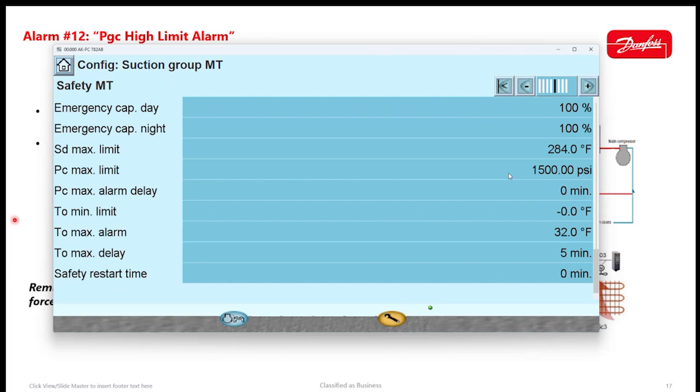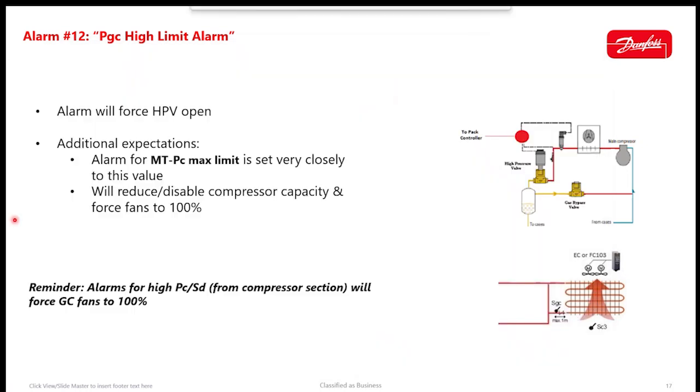Here I have 100 psi difference, but it's not uncommon to see both of these values, since they're both looking at the pressures up on the roof at the gas cooler, to be set to the same value. And so if we're getting the PC max limit or the PGC max limit, it's always good to keep in mind that those two are set pretty close to one another, and that it's only the PC max limit that's going to reduce or disable some of the compressor capacity, like we say here.